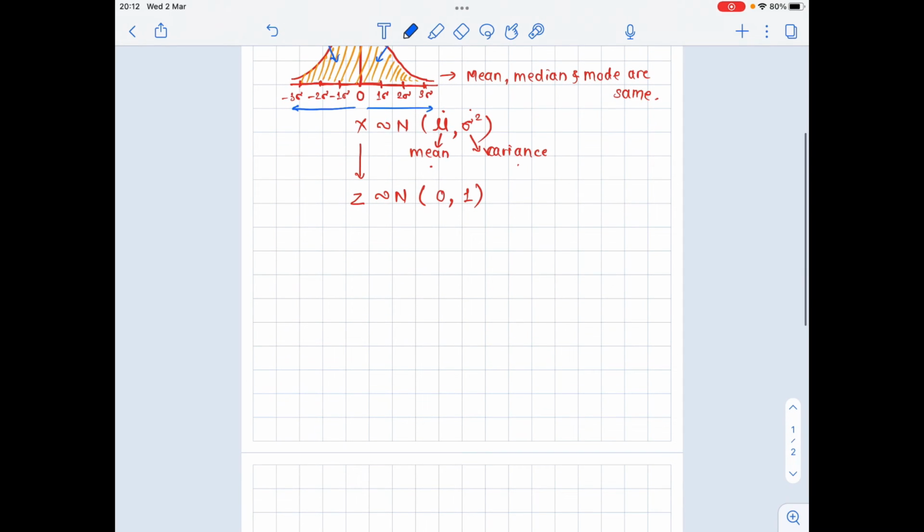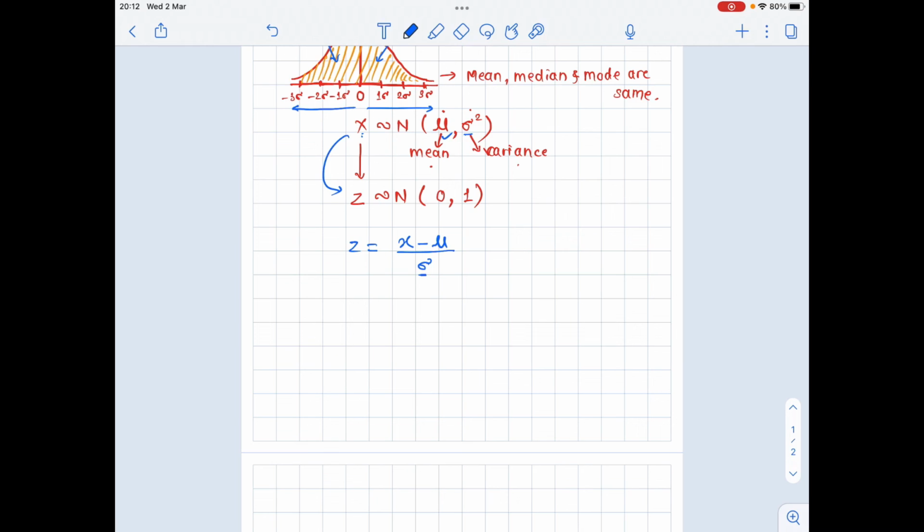How do you convert this x variable into a z variable? In order to convert the x variable into a z variable, we use the formula z is equal to x, which is given to you, minus mu, which you already calculated or is also given to you, divided by sigma. There is a difference between sigma and sigma square.